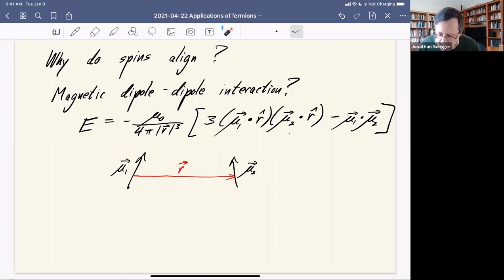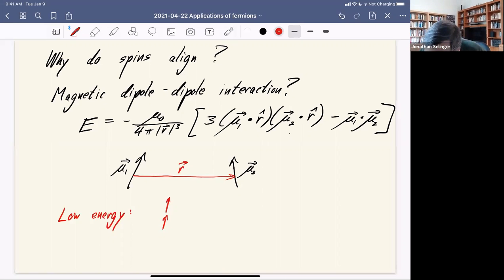Okay, and so you would get a low energy if the dipoles are parallel to each other, one on top of each other.